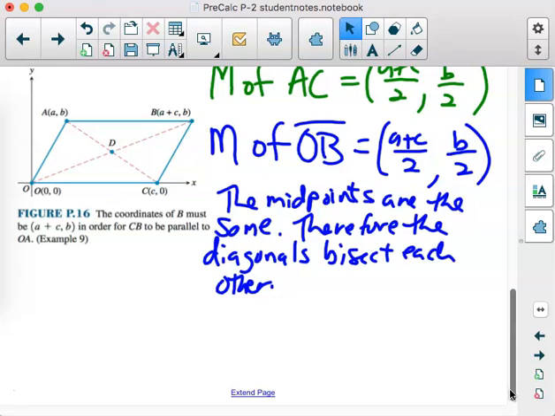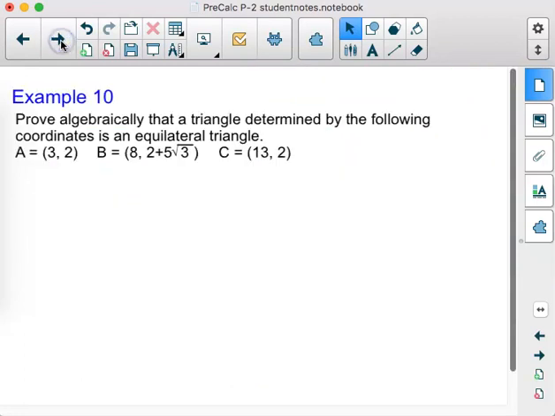Looks like everybody's got up. Example 10. Prove algebraically that a triangle determined by the following coordinates is an equilateral triangle. Oh my goodness, okay. So that means we have to remember what characteristics an equilateral triangle has. What does it have?